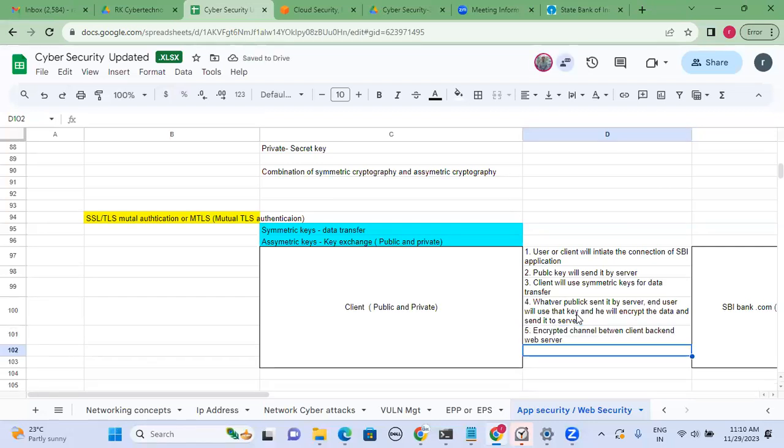Now, how will the server see the data sent by the end user? It has to decrypt it, right? I encrypted it, so if you want to see my data, you need a key. The server has its own private key.